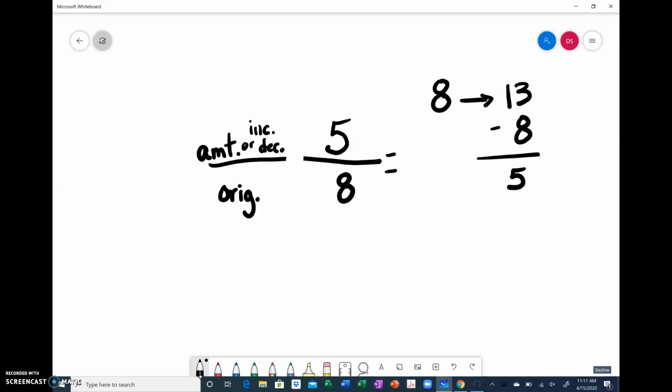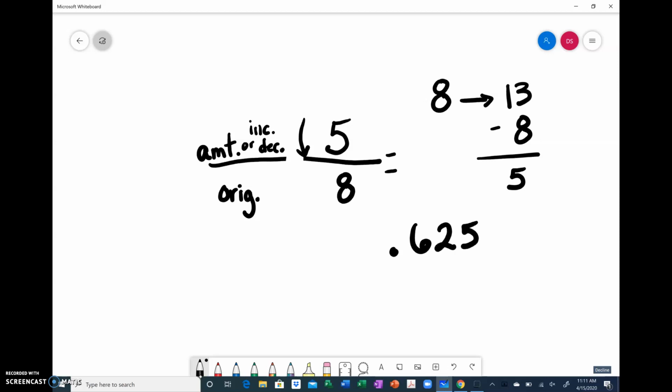And I believe we did this in an earlier lesson, but I'll just remind you that all you have to do is divide 5 by 8. Remember, this fraction bar means divide. So go to your calculator. I'm fine with you using it in this chapter, and do 5 divided by 8, and you will get this answer on your calculator.